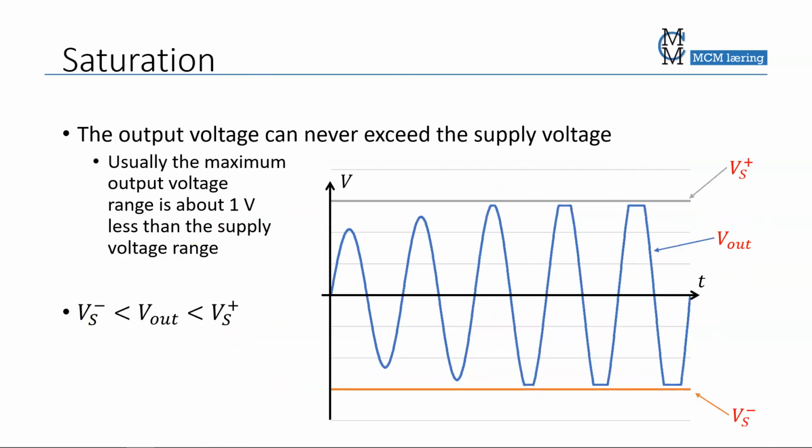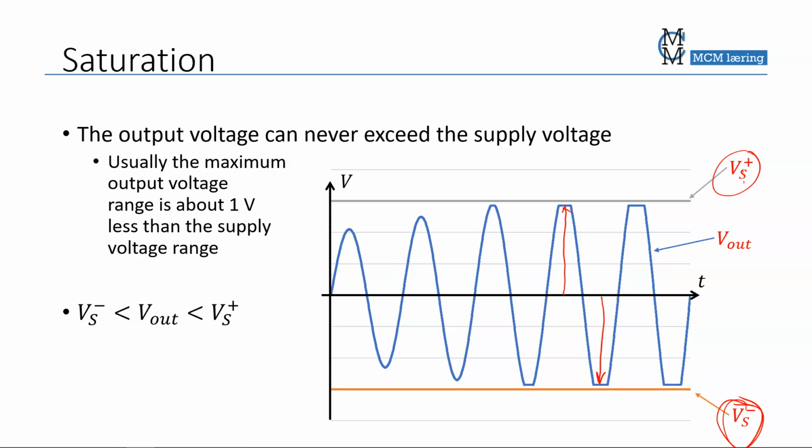What happens if the supply is too small? Well, the output signal can never exceed the supplied voltages. Remember that the plus supply is the one that lifts the output signal upwards, and the minus supply is the one that pulls the output signal downwards.